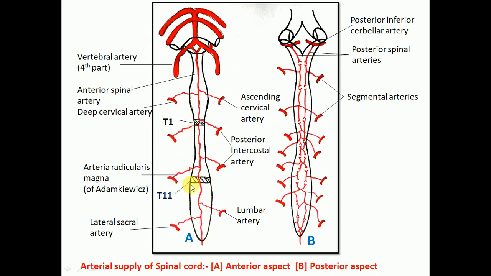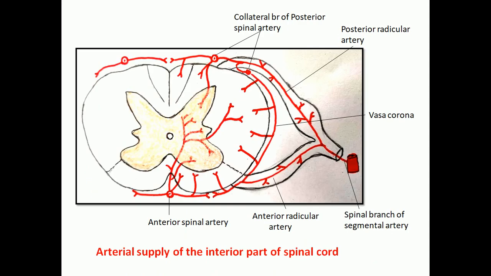These segmental arteries are 8 in number on the anterior aspect and 12 in number on the posterior aspect. Another common feature is that segmental arteries are larger and fewer in number on the anterior aspect, and smaller and more in number on the posterior aspect of the spinal cord. So this is about the arterial supply of the spinal cord.